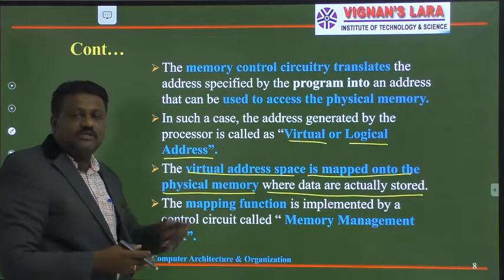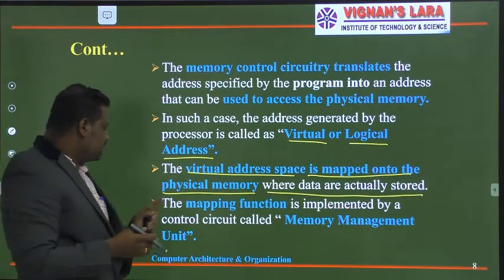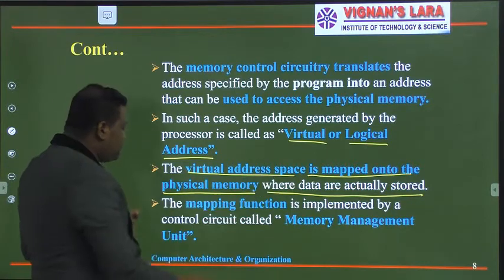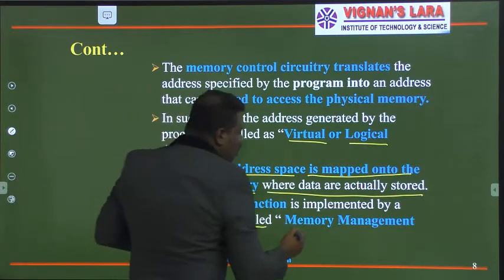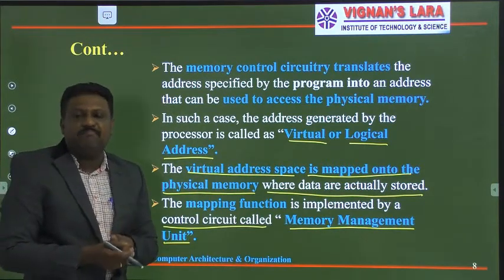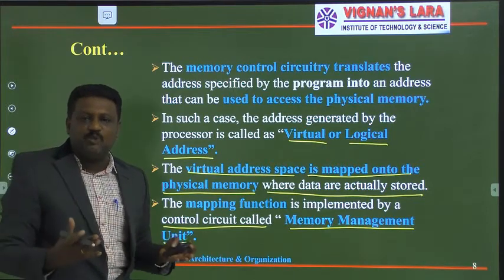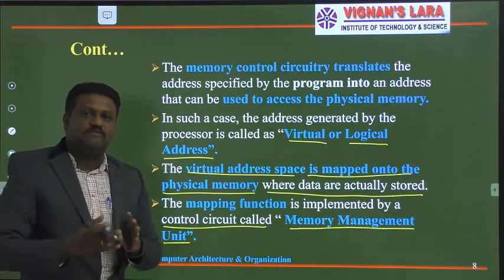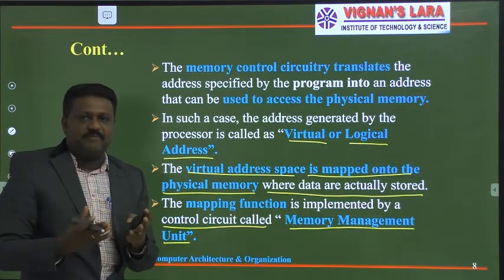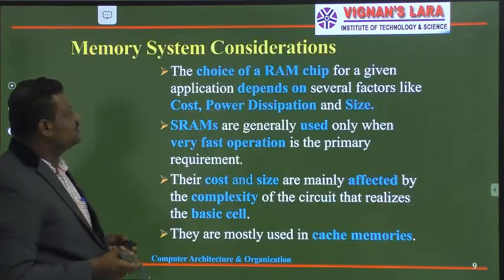Here these virtual addresses are mapped onto physical addresses. The mapping function is implemented by a control circuitry called the memory management unit, MMU. What's the job of this MMU? This MMU converts the logical or virtual address generated by the program into a physical address. That's the meaning of this.